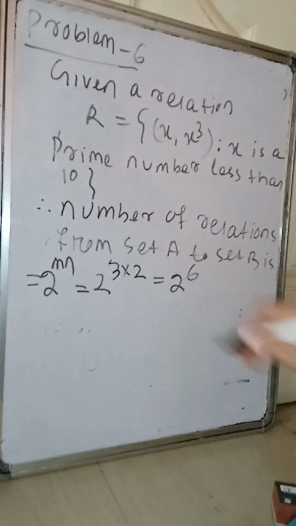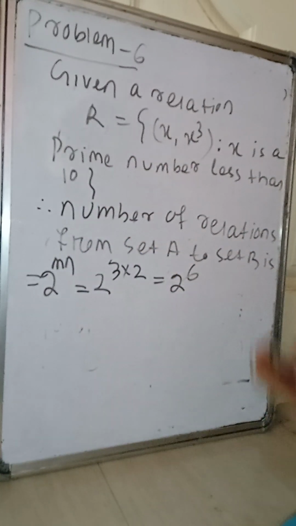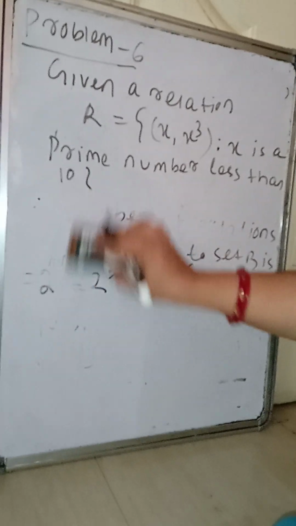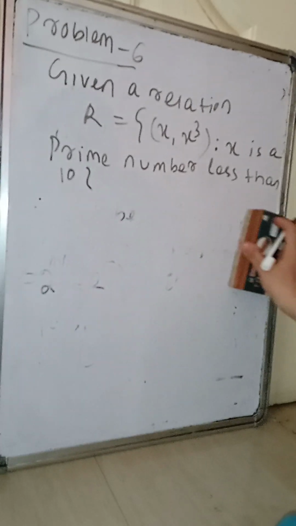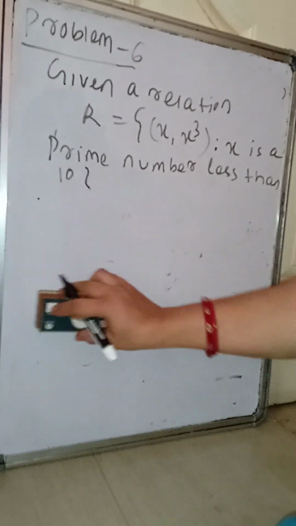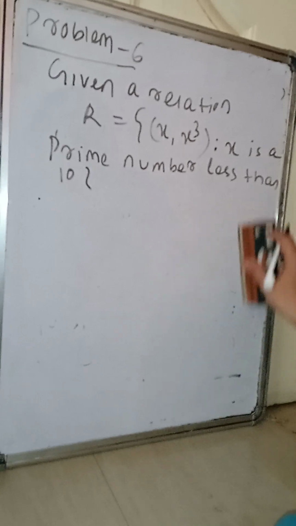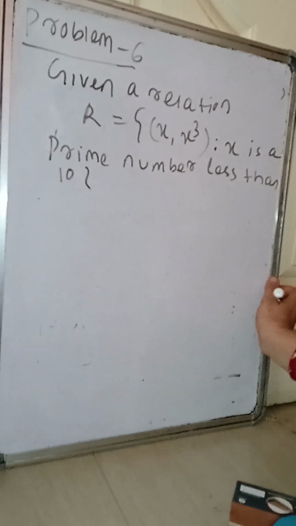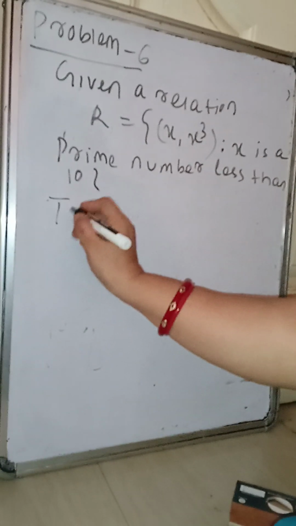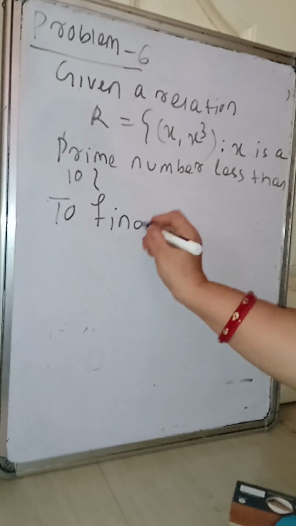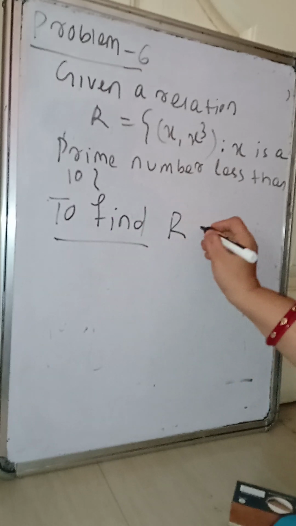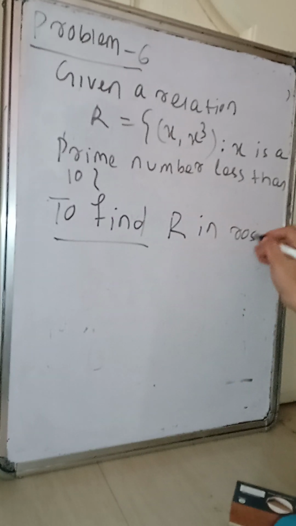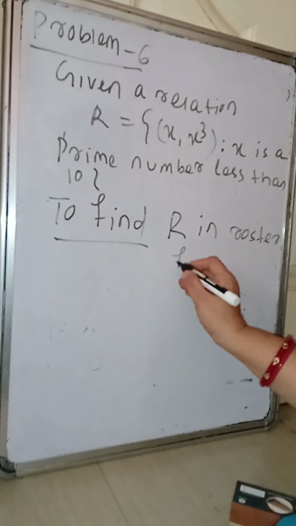You have to write the relation in roster form. You know what roster form and set builder form are. So this is the given data and you have to find the relation R in roster form.